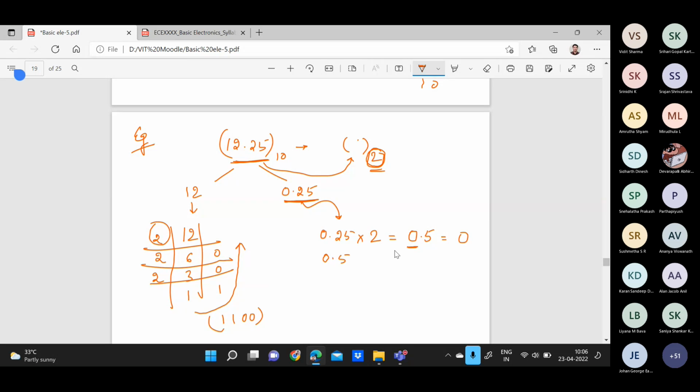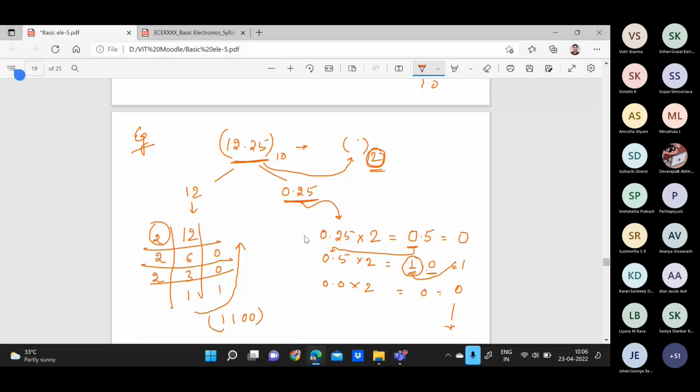So what will you get here? 1.0. Note down this integer, right? So this is 1. Now, as I noted this value, the next value is only 0.0. So if you multiply by 2, you will again get 0. All values will be 0. So the rest of the number will be 0.